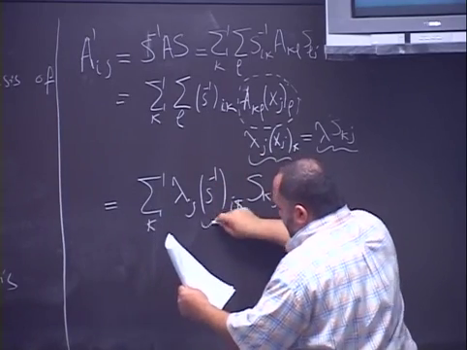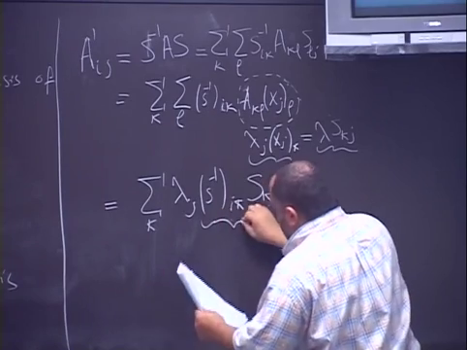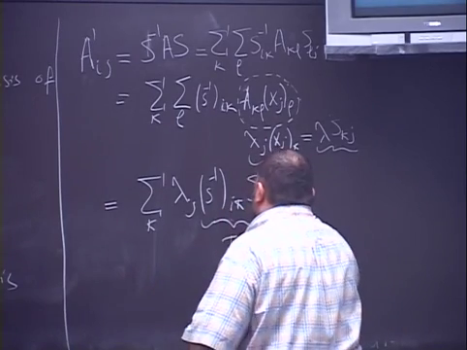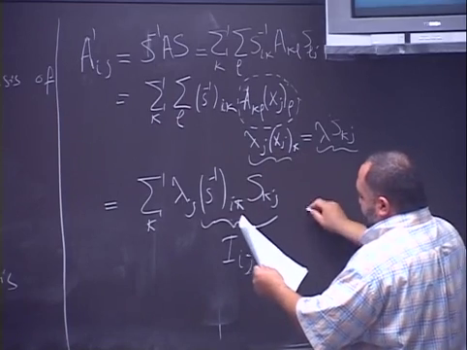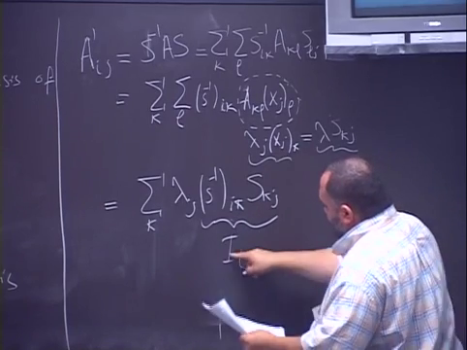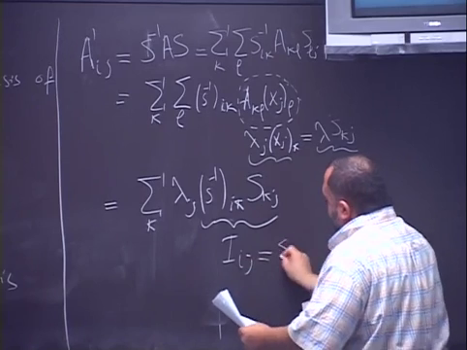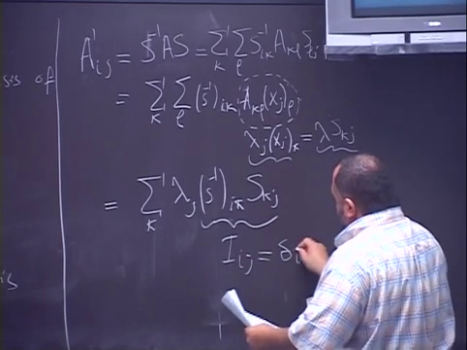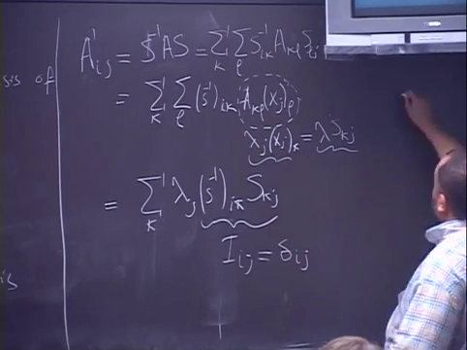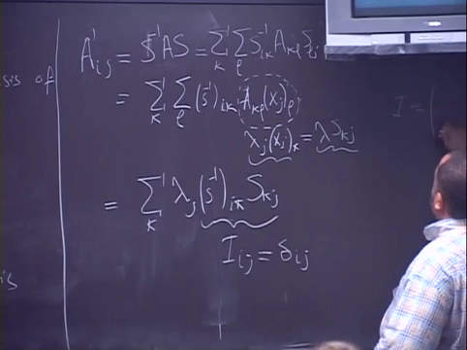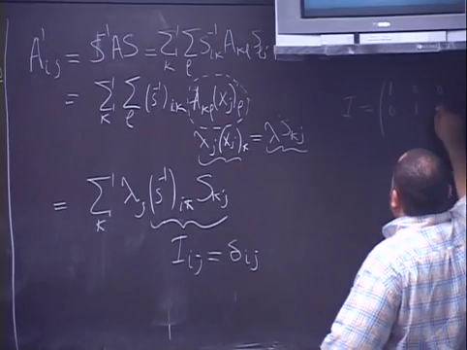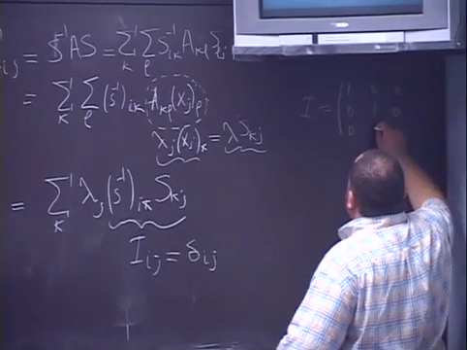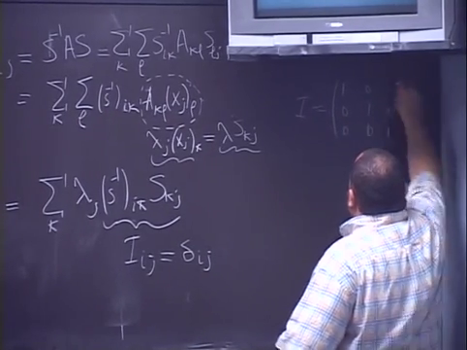So this term here is nothing more than a component of the identity matrix, and the components of the identity matrix you can write as the canonical delta function, because the identity matrix is 1 0 0, 0 1 0, 0 0 1.